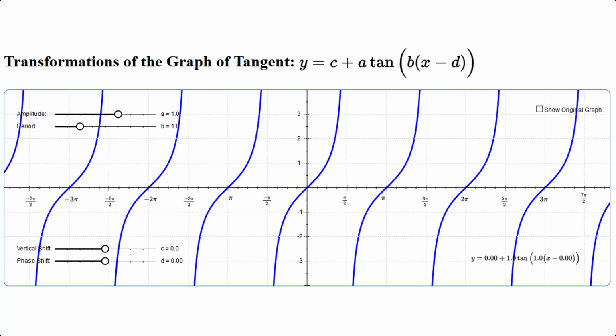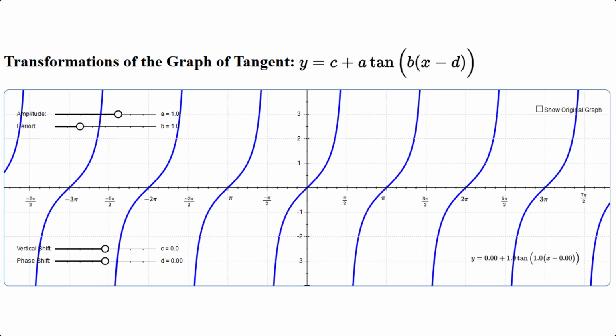Let's look at some transformations of the graph of tangent. Now, we have the same sort of transformations that we did with the other trig functions. C is a vertical shift, A is an amplitude change, B is a period change, and D is a phase shift. Now, if I change any of these, let's start with the simple ones.